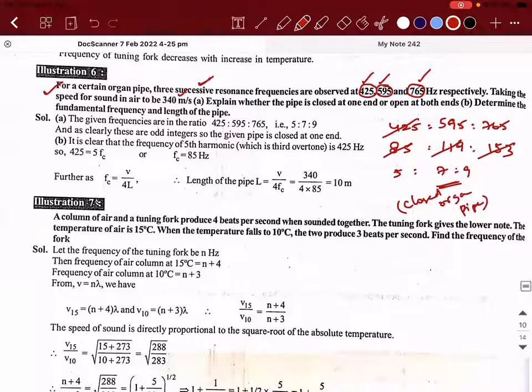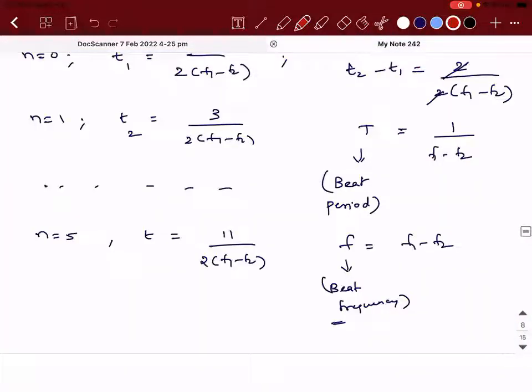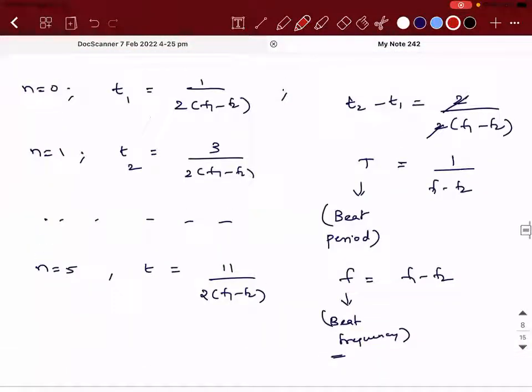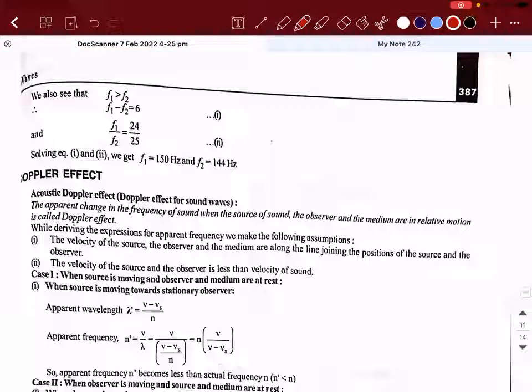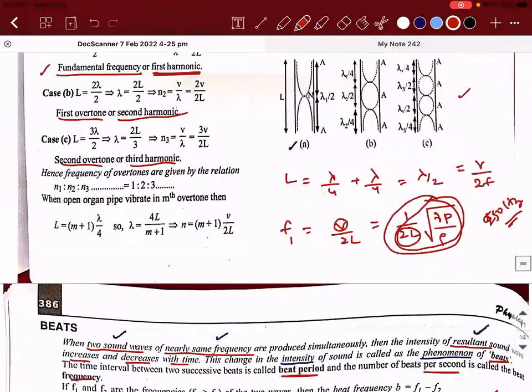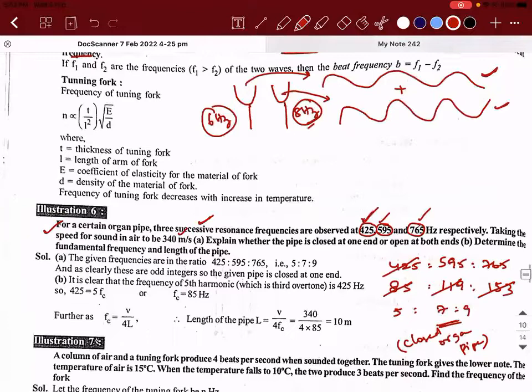So determine the fundamental frequency and length of the pipe. So how will you find the fundamental frequency? You know the frequency of the fifth harmonic.